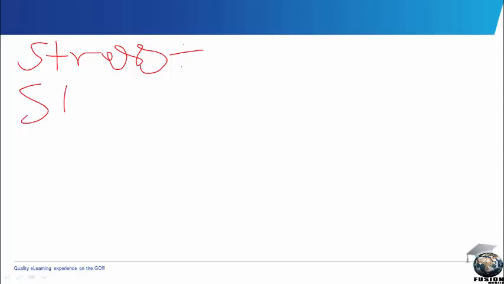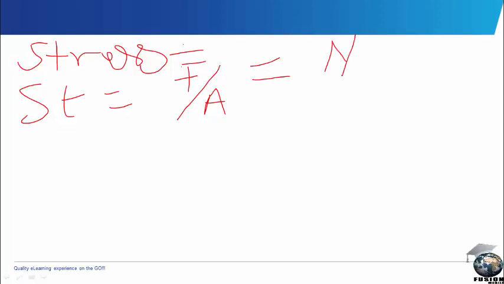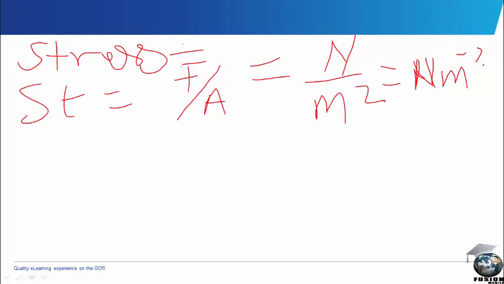Mathematically, stress ST is equal to force applied all over area. Bringing these to units, you know that force is represented in Newton and area is in meter square. So the unit of stress is equal to Newton per meter square.